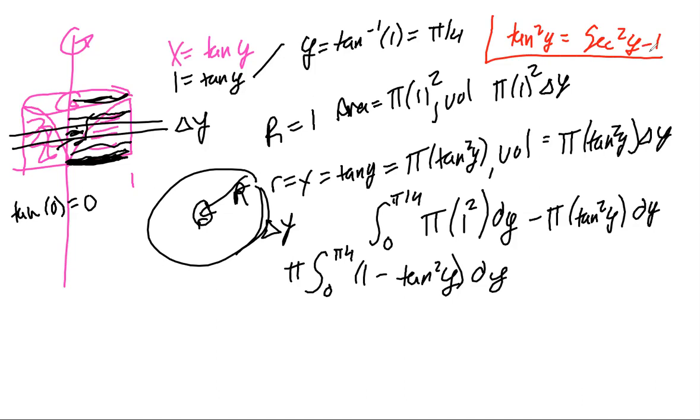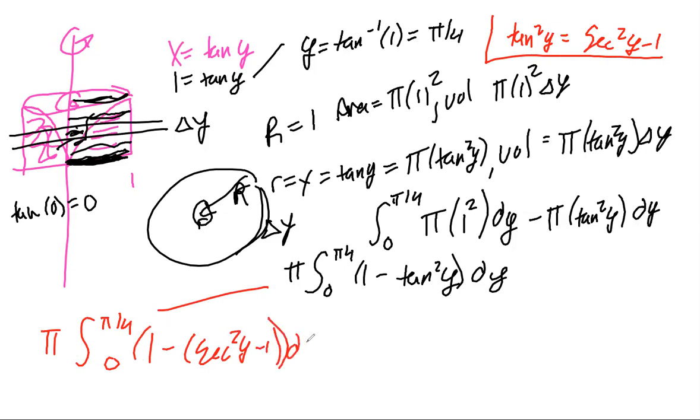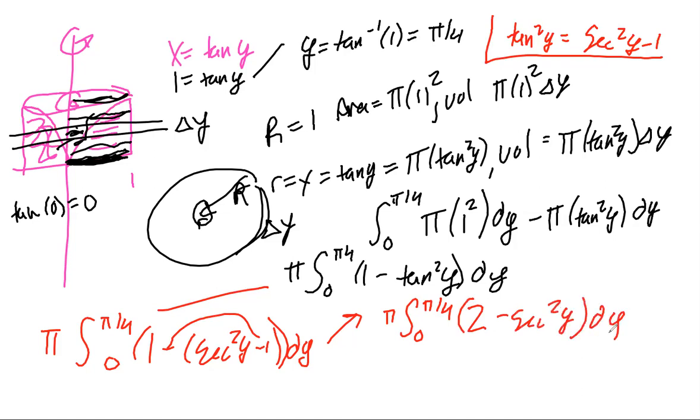So when we plug that in, we have pi, and I go from 0 to pi over 4 of 1 minus (secant squared y minus 1) dy. This negative distributes, making this a 2 minus secant squared y dy.